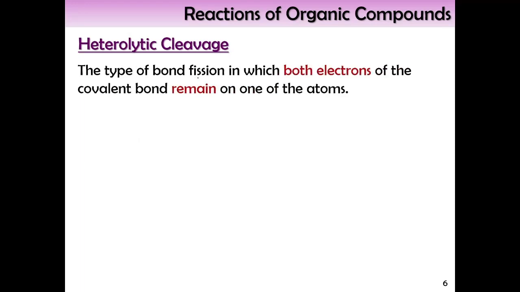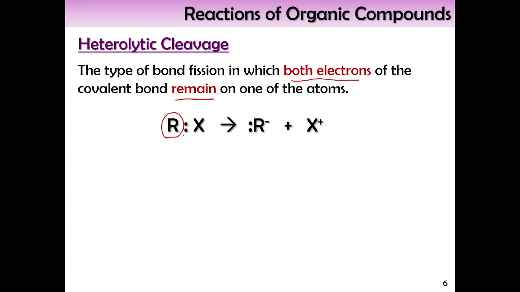This one is different because both electrons remain on one of the atoms. So how can this one occur? This one occurs when one of them is more electronegative. The one that is more electronegative will carry the electron pair.